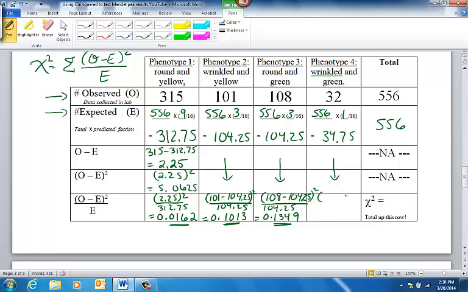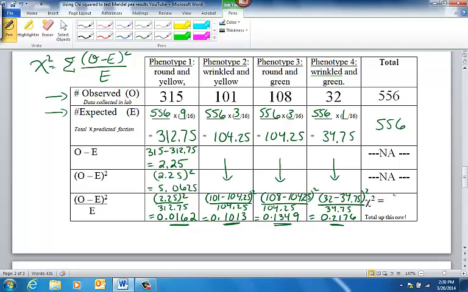And then here we have our observed of 32 minus our expected of 34.75 squared divided by our expected 34.75. That equals 0.2176.